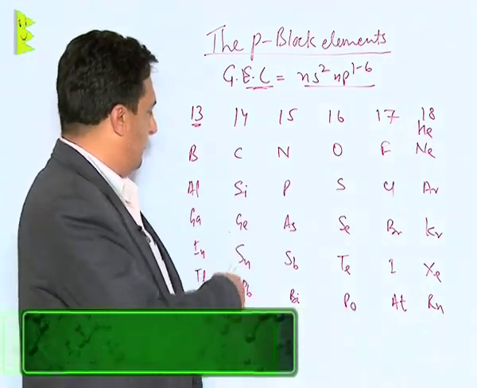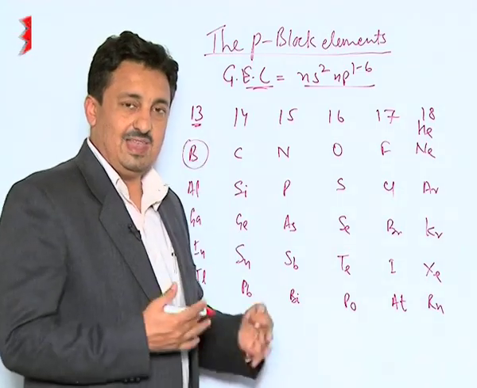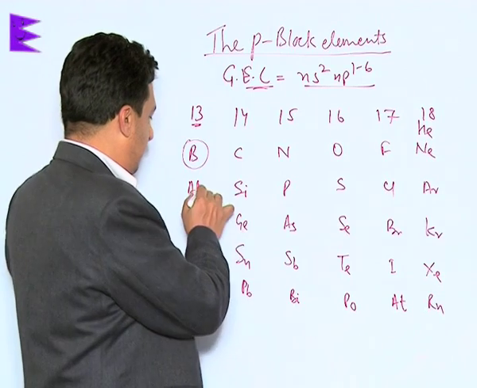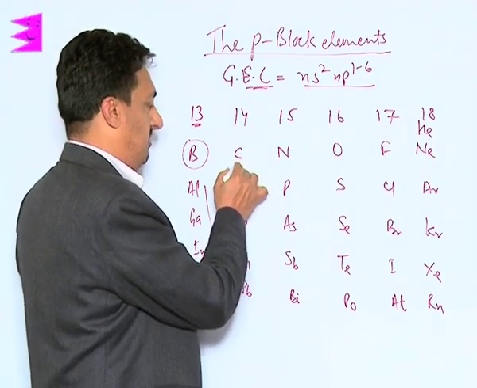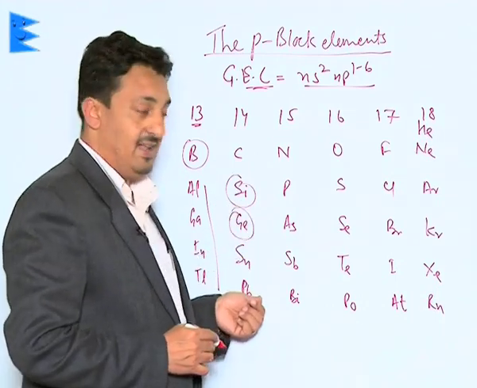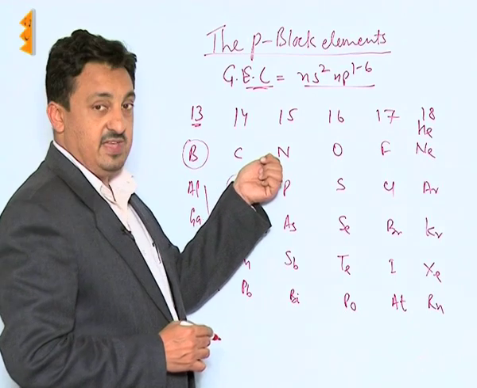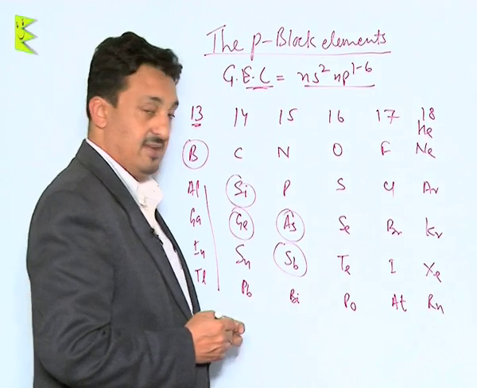Now what is most interesting is that boron, though it has a non-metallic nature, we call a metalloid. Then the rest of these are metals. In group 14, carbon is a non-metal, whereas silicon and germanium are regarded as metalloids. Tin and lead are metals. In group 15, nitrogen and phosphorus are non-metals. Arsenic and antimony are regarded as metalloids.